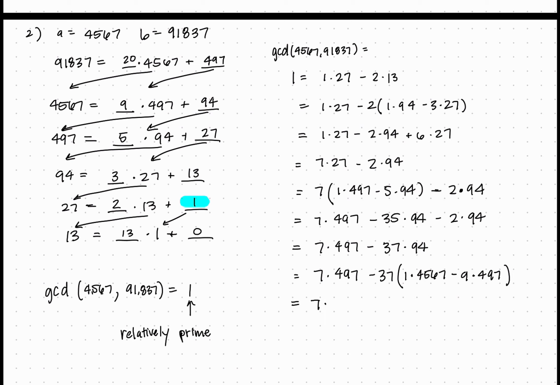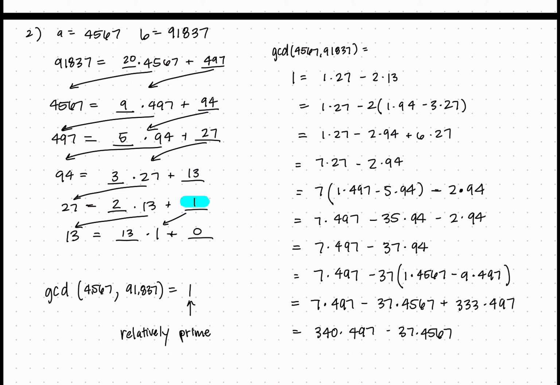Let me clean this up a little bit. So that's 37 4,567s plus 37 times 9, which will be 333 497s. Combining like terms, I see the 7 of these here and 333 of them there. So I have 340 497s minus 37 4,567s.